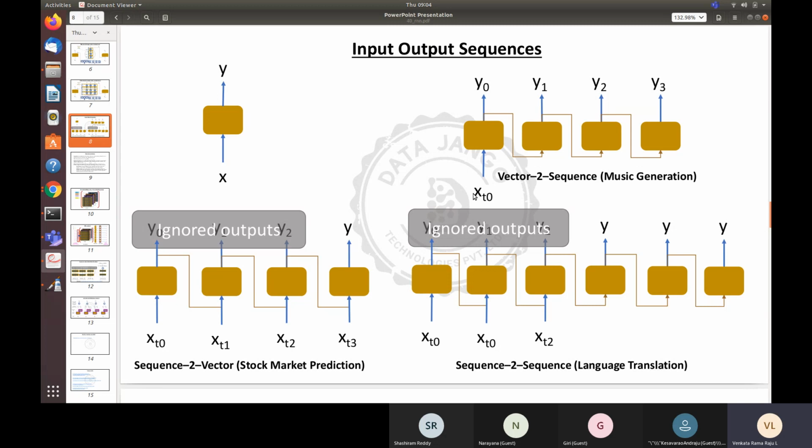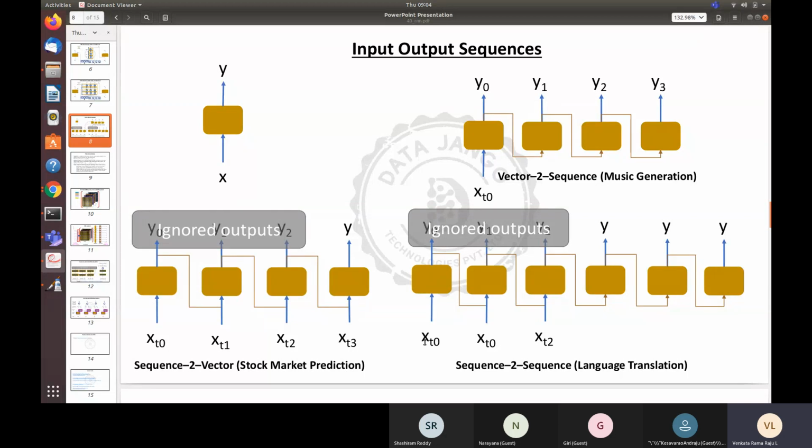And you pass only one input and try to generate n number of outputs. This is called vector to sequence or scalar to sequence. This is done in music generation: you pass a note, and it generates music out of it, multiple outputs. Then you pass multiple inputs and generate multiple outputs, not in parallel but sequentially. You pass a sequence of inputs and get a sequence of outputs.